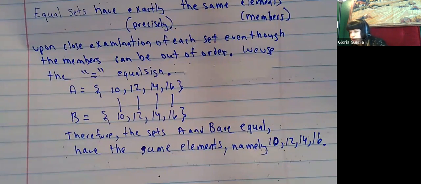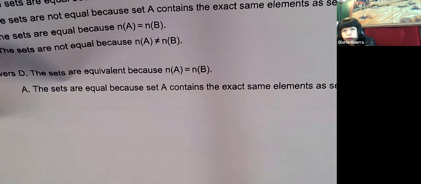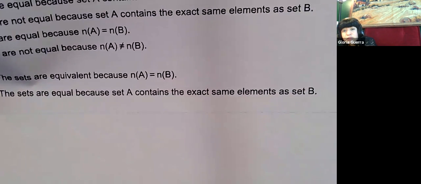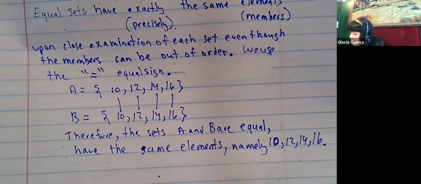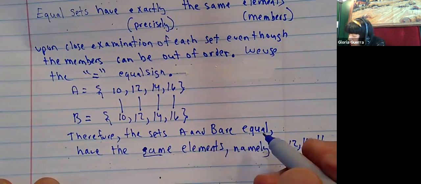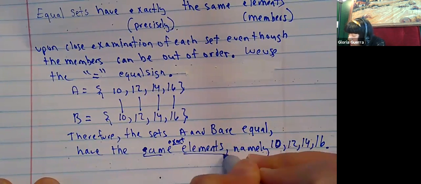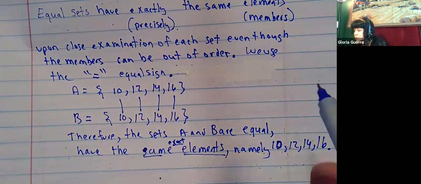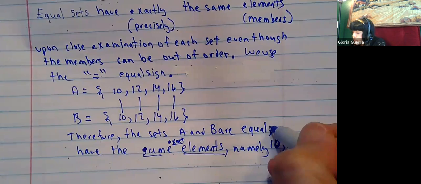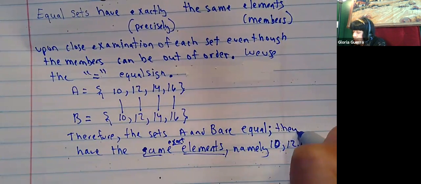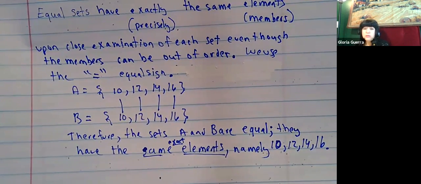If you look at the way they wrote up the answer there, the sets are equal because A contains the exact same elements as set B. I like the word exact. Sets A and B are equal. They have the same exact elements, and the elements are 10, 12, 14, and 16.